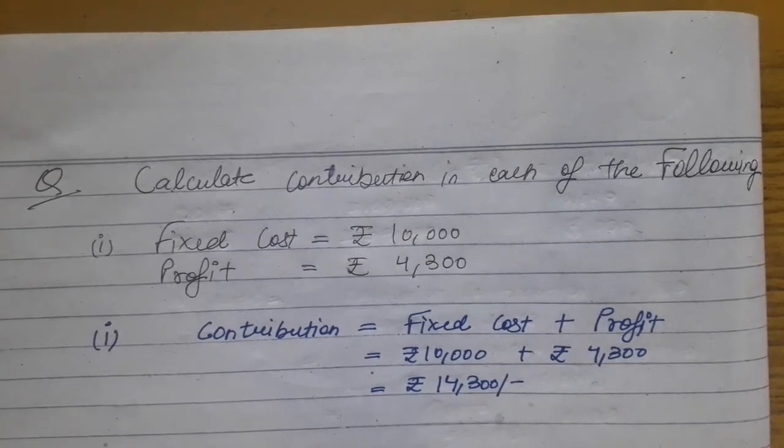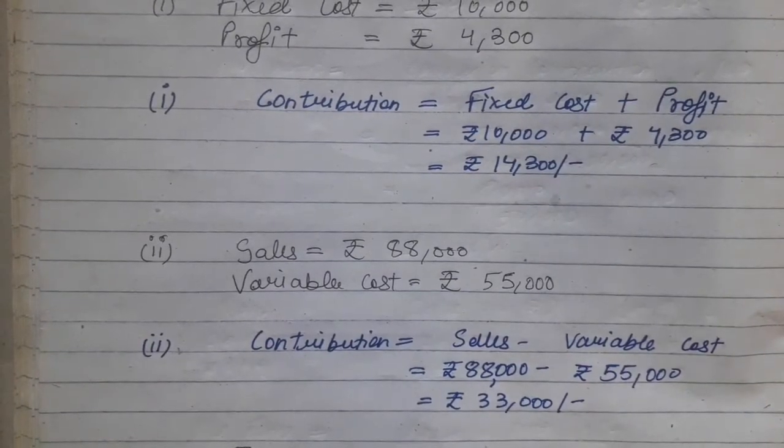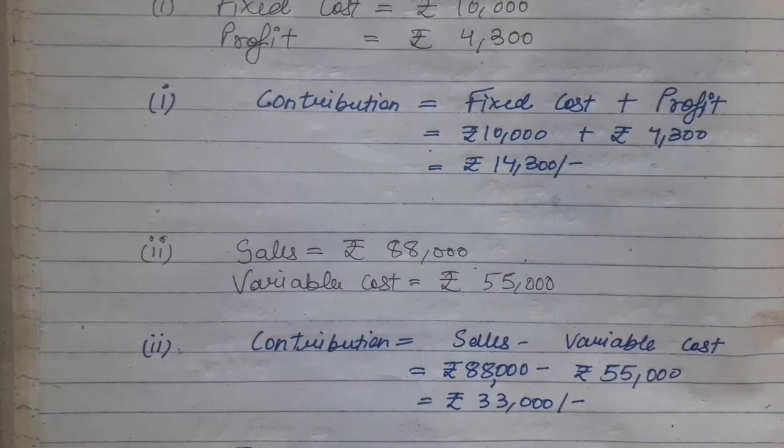In the second question, sales is given rupees 88,000 and variable cost is rupees 55,000. By applying the basic formula of contribution, sales less variable cost, contribution comes out to rupees 33,000.